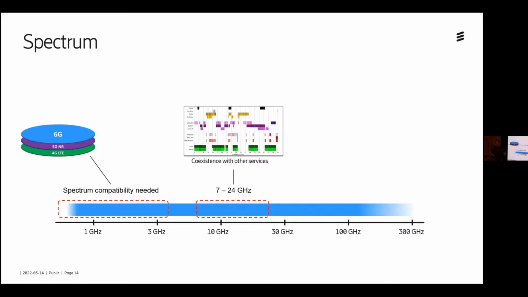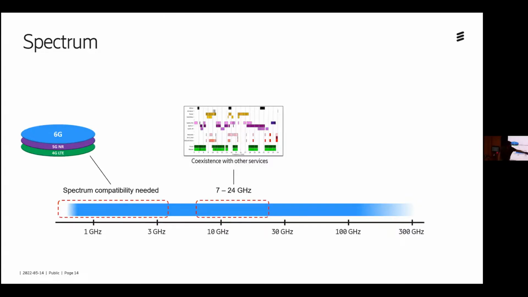And it's a very nice frequency range. It's low enough to give decent coverage. So of course it would be nice to run 6G in this range as well. However, there are a couple of other users of this spectrum at the moment. It's radio links, some satellite communications and so on. So to get access to this spectrum, we probably need to think about how we can coexist and share it with those existing services in a smooth way.